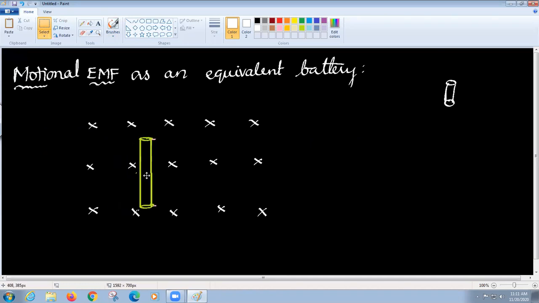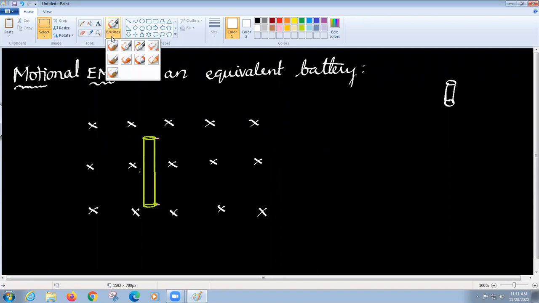Now what I'll do is move my conductor like this with some velocity v. The length of the conductor is given to you already. This is L. This guy is moving with v like this. Say this end is M.